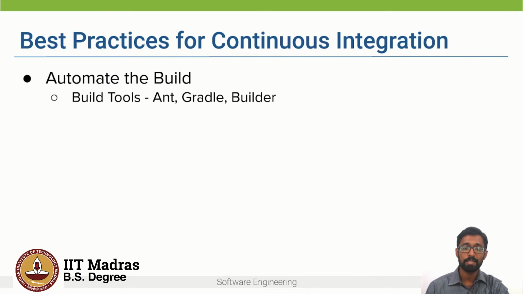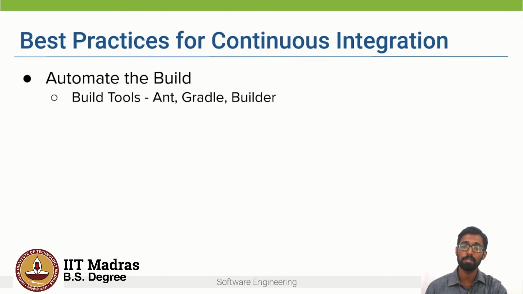The next thing is that it is imperative that you automate the build. So what does a build involve? When you're building your code, it involves compilation, copying and moving the files, and creating database schemas. And most of these can be automated using build tools.